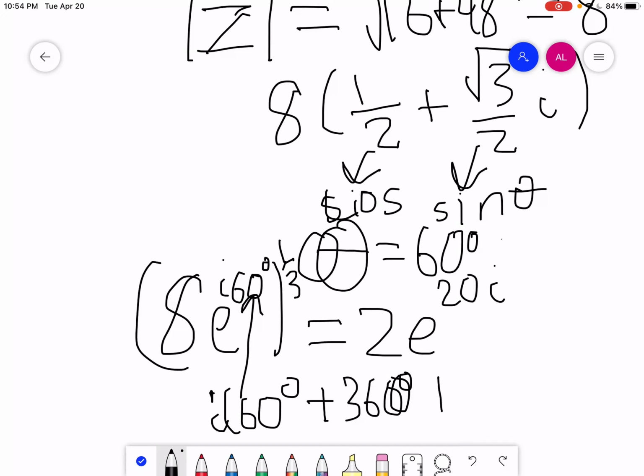Dividing this by 3 will be 20 i plus 120 i k. So there will be 3 values. Depending on what number k is, there will be 3 different angles that can work.